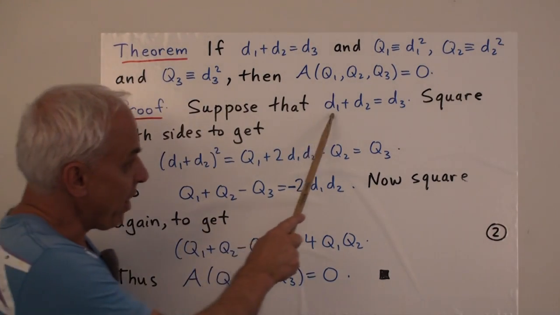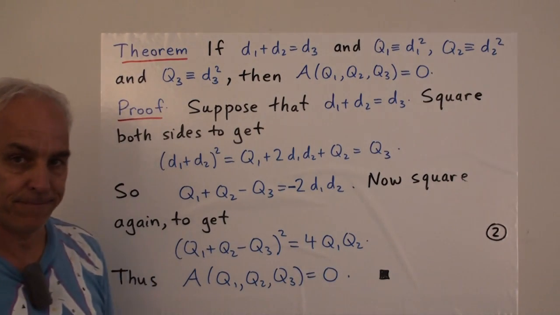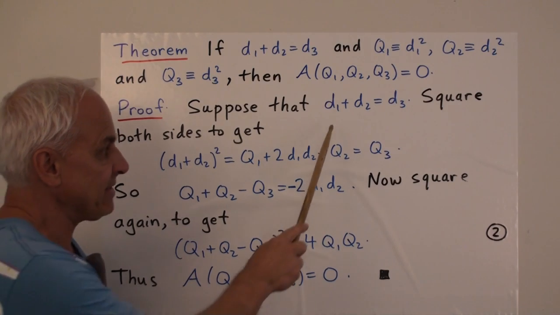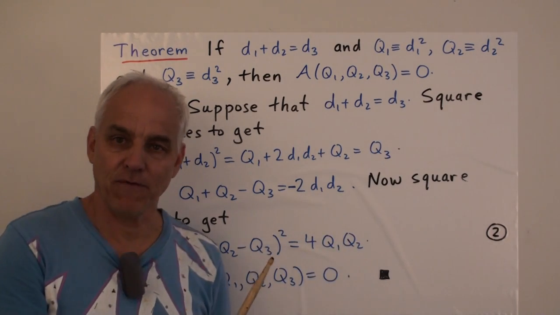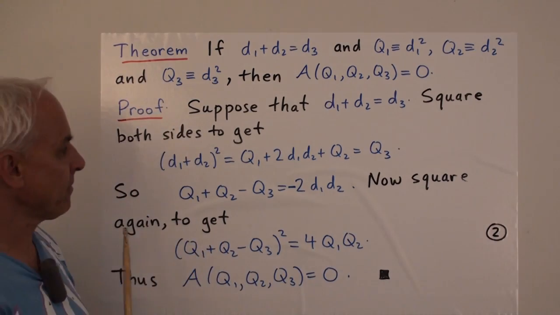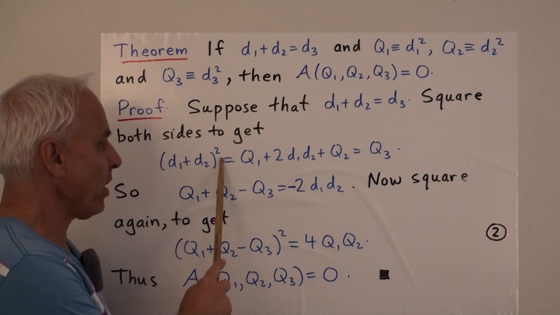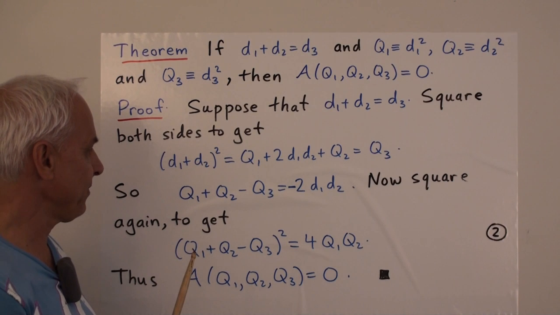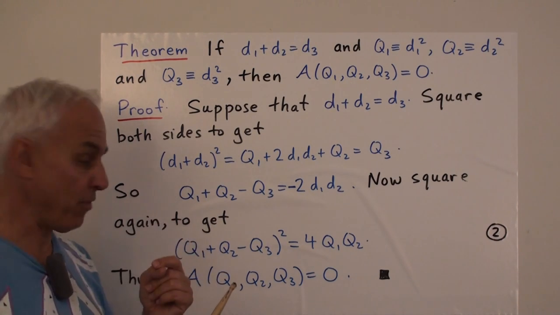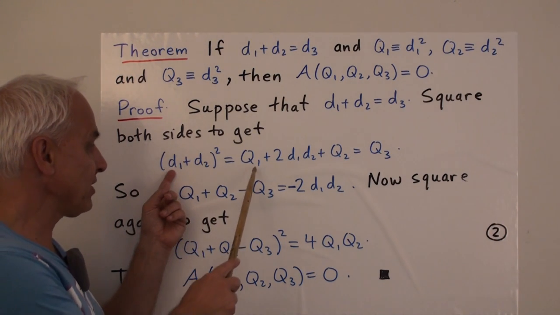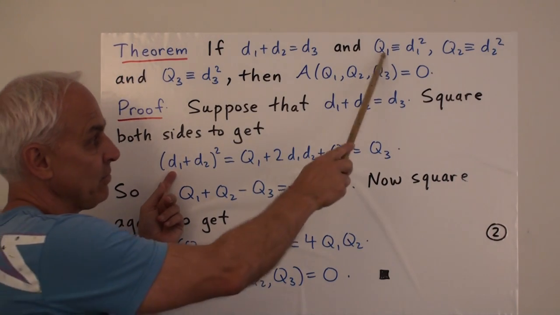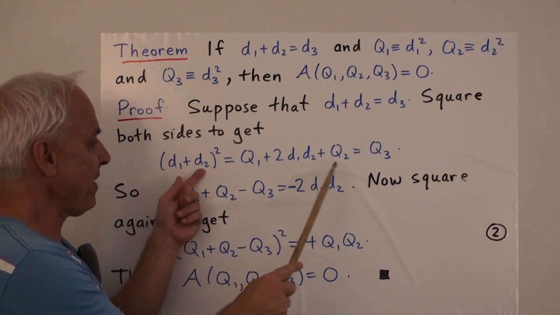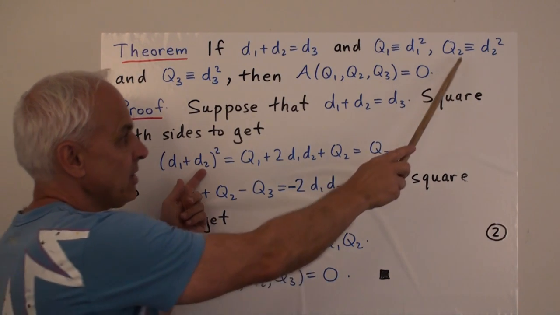So suppose that D1 plus D2 equals D3. We want a relationship between the squares. So it makes sense to square both sides of this equation. (D1 plus D2) squared, the square of the left-hand side. What does that give us? Well, by the binomial theorem, the square of D1 is Q1. That's what we're assuming. And then we have twice the product, and then the square of the second term is Q2.